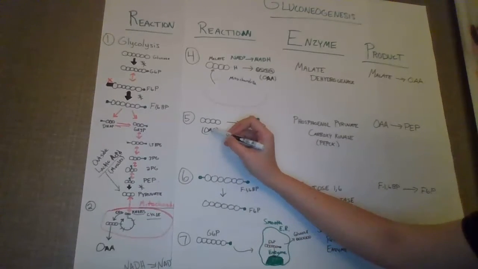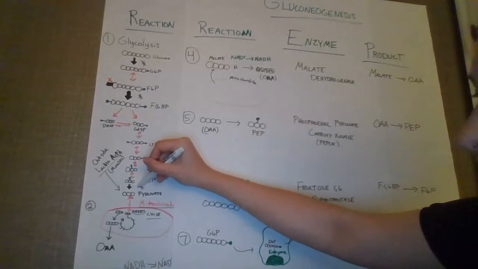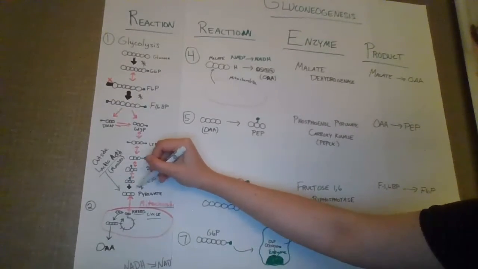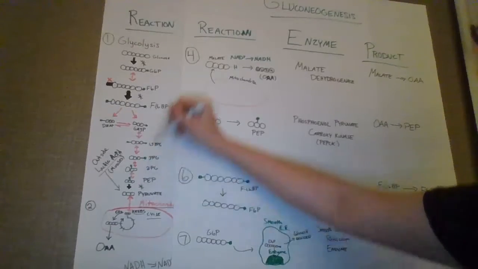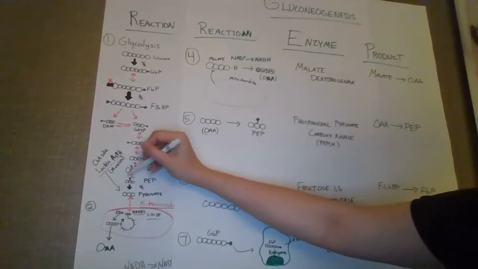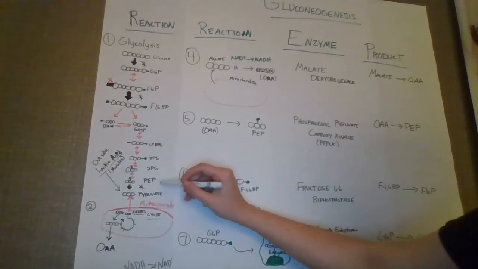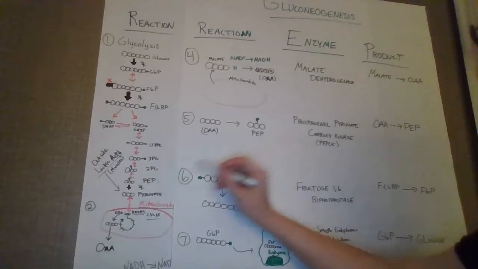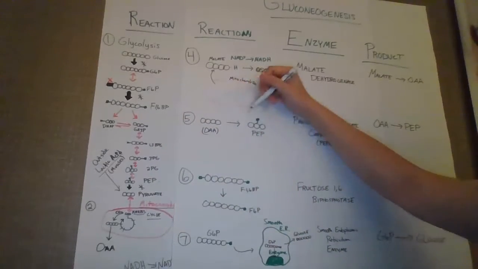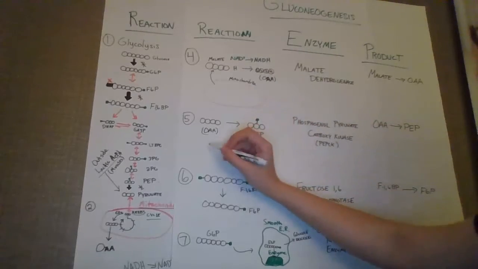Well, because we can't take OAA and actually convert it into pyruvate, because remember, this step right here is non-reversible. So if we go back and create more pyruvate, we're not going to be able to reverse the whole glycolysis steps. So we have to overcome this, and we have to directly skip over pyruvate and convert it back into PEP. So that's what OAA will eventually turn into outside in the cytoplasm here.